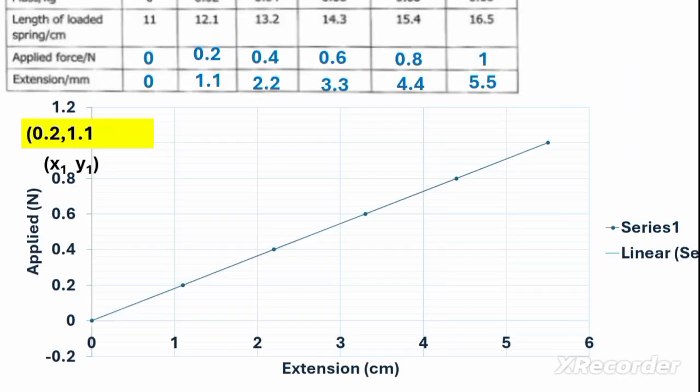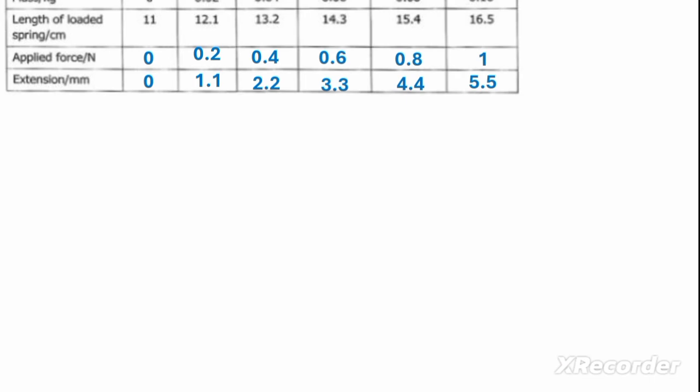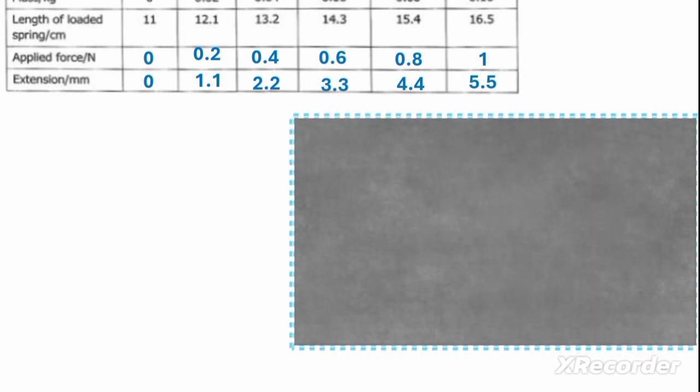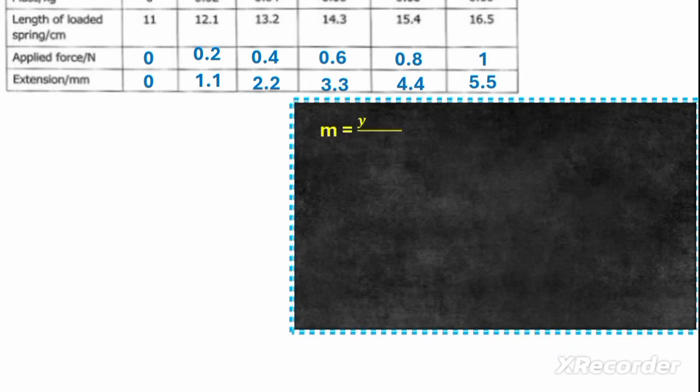Okay, so they want us to find the spring constant. So what are we going to do? We are going to use the formula that we use when we are calculating gradient.